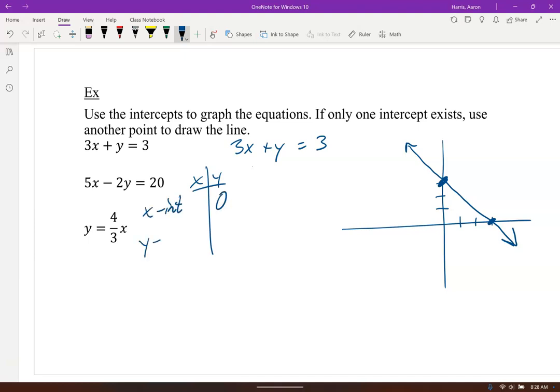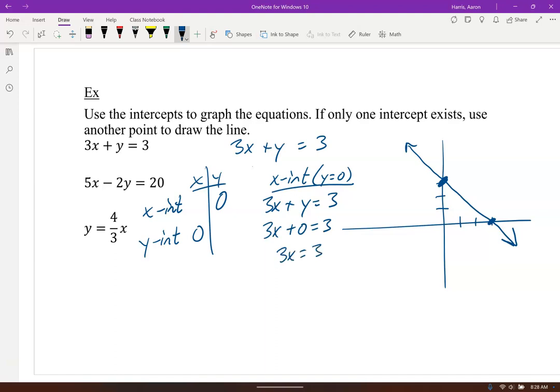To find the y-intercept, we let x be 0. So let's go ahead and find the x-intercept first by letting y be 0. So here's our equation. We're going to let y be 0 and solve for x. 3x equals 3. So x equals 1, because we're going to divide by 3 on both sides.